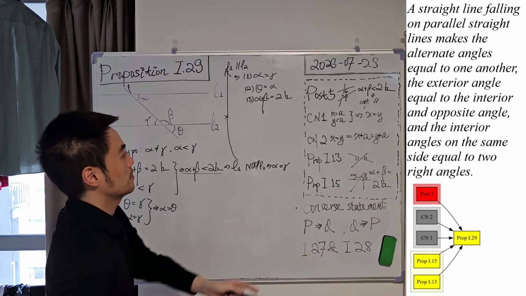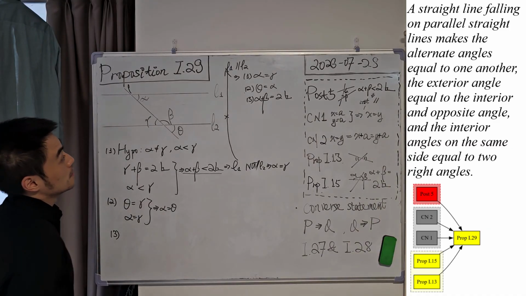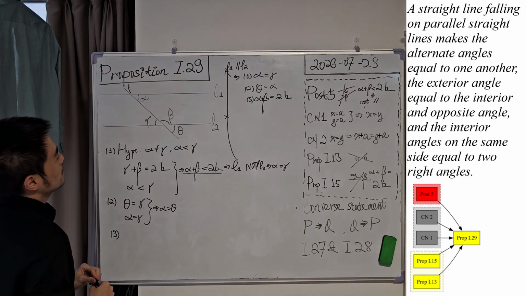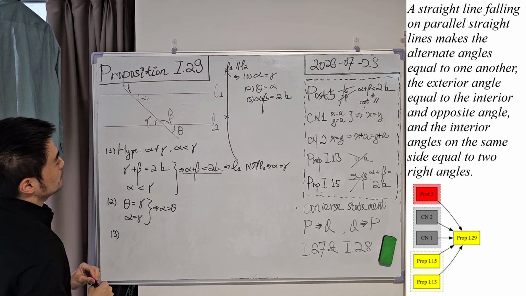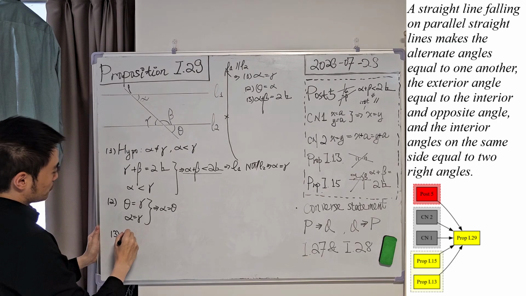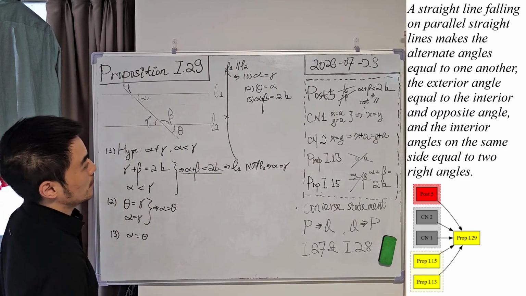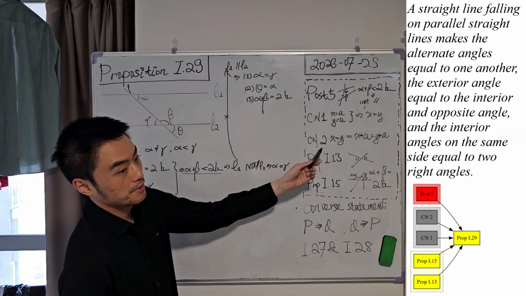And then let's try the third one. The third one will be alpha plus beta is equal to two right angles. We have already proved that alpha is equal to theta, and then we can apply common notion 2.